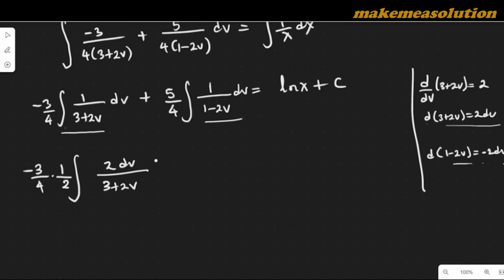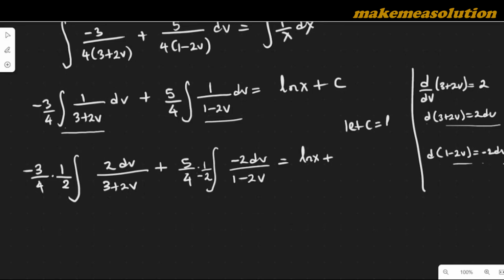Then plus 5/4, you need to introduce a minus 2 dv here, 1 minus 2v, and you have to counter it by introducing a minus 1/2. Then equal to ln x plus, then I can say let C be ln A, and I'll explain why later.